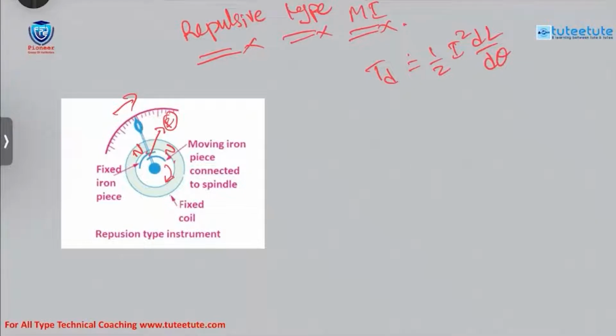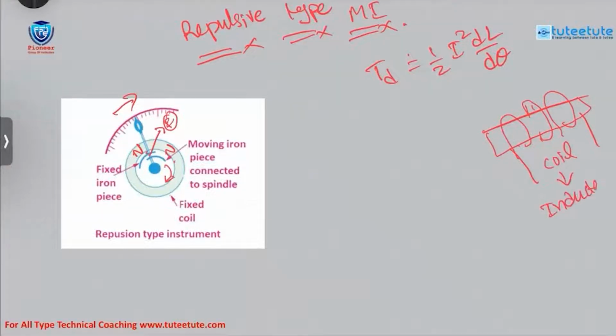In the networks subject we will study in detail what an inductor is and what inductance is. For the time being, just remember, wherever we have an iron piece and we are winding a wire on it, this is called a coil. It has some property called inductance, indicated by L.